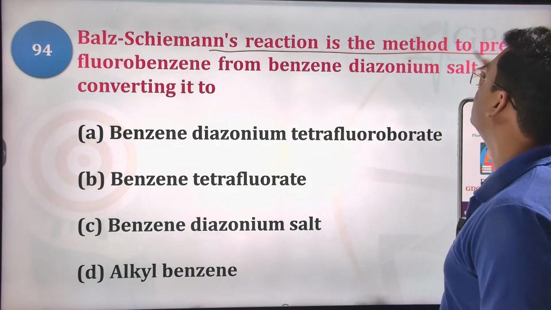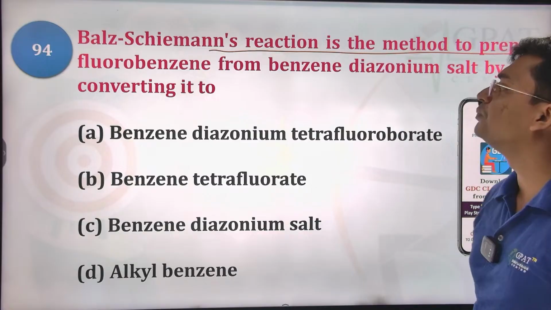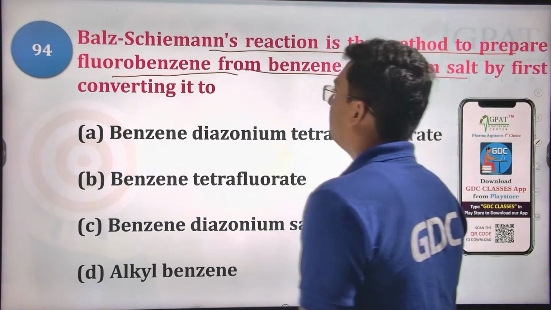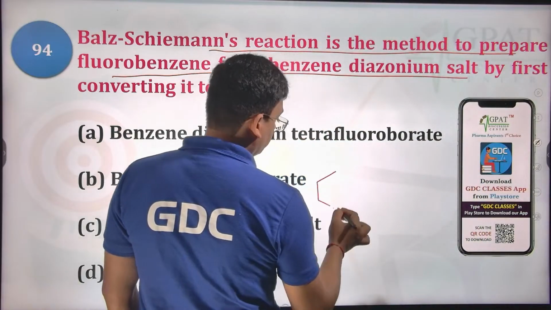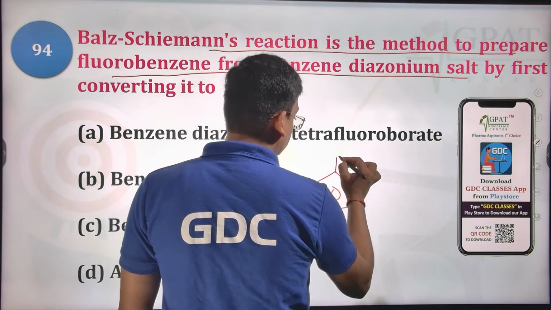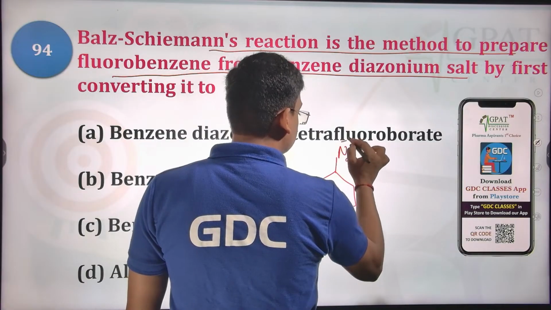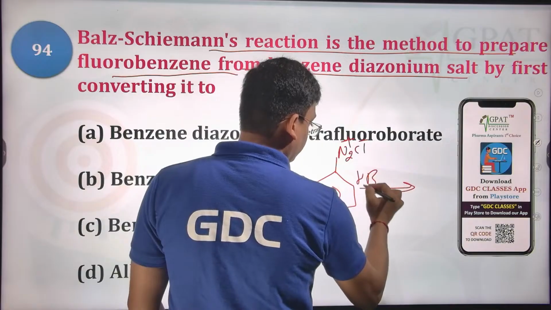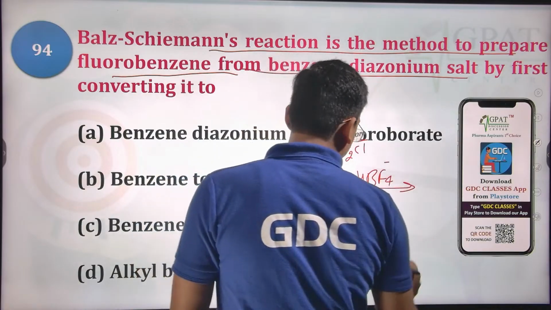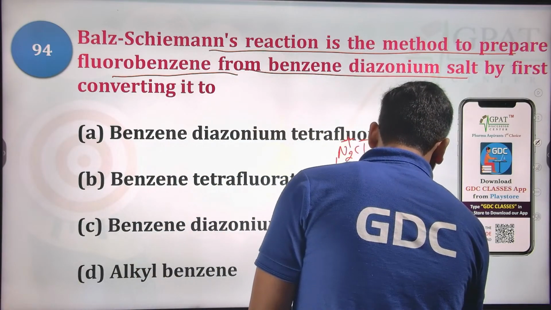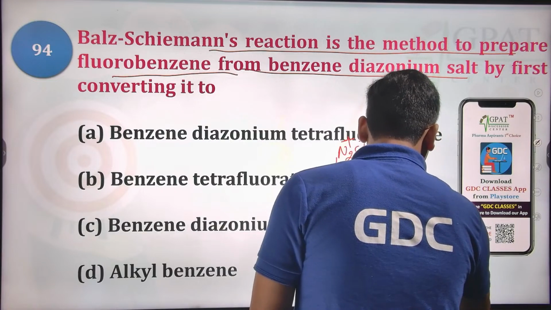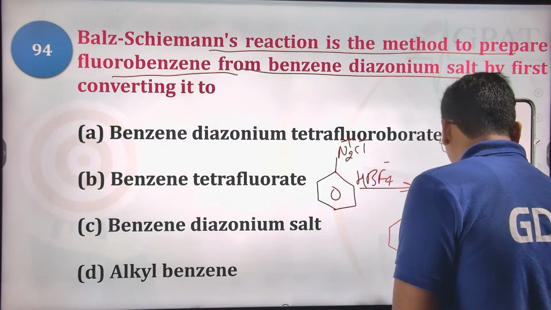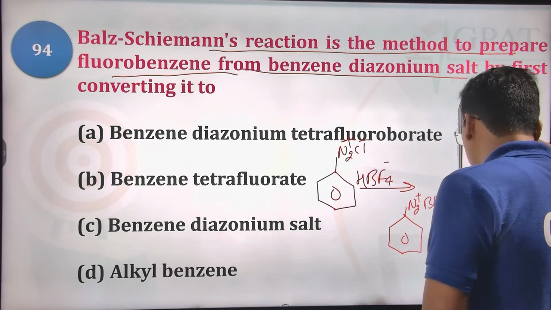Balz-Schiemann reaction is the method to prepare fluorobenzene from benzene by first converting it to benzene diazonium salt. We have N2+ Cl-, in the presence of HBF4, we get N2+ BF4-.